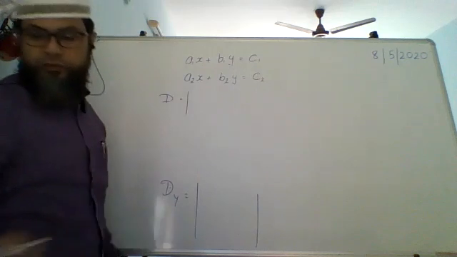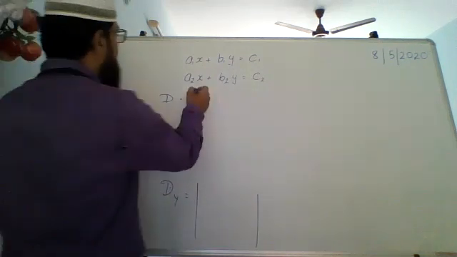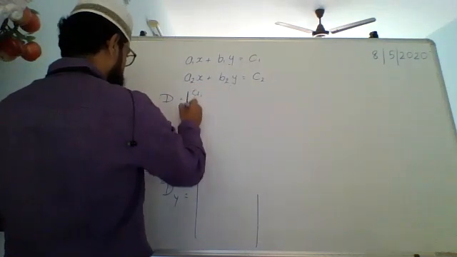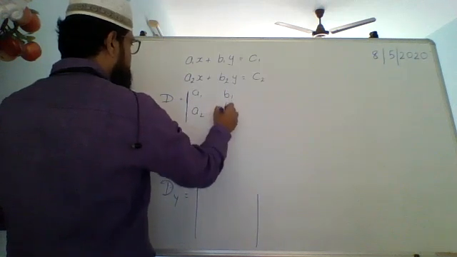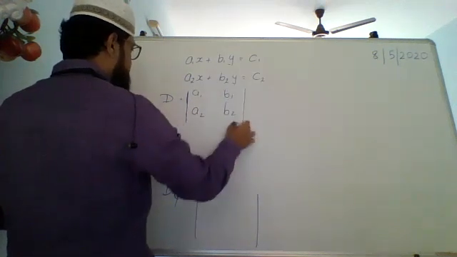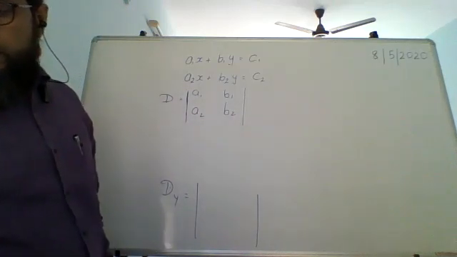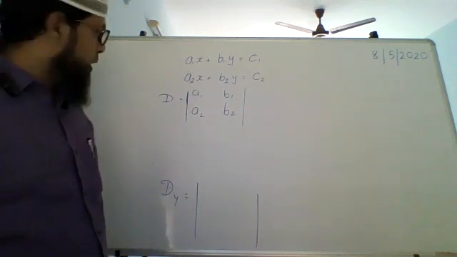So for d, we are going to write it as a1, b1, a2, b2. D is a1, b1, a2, b2.